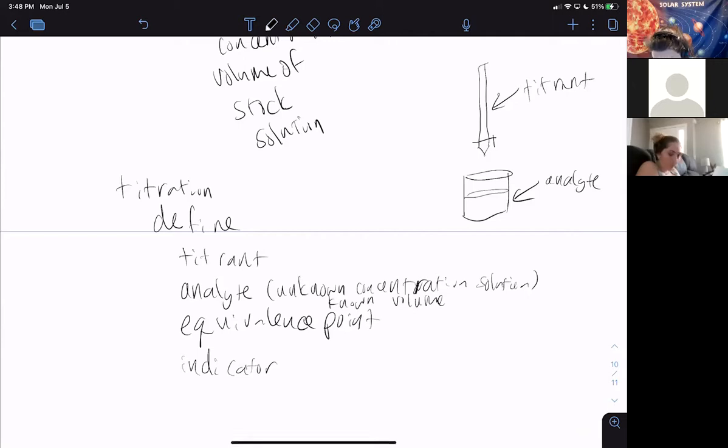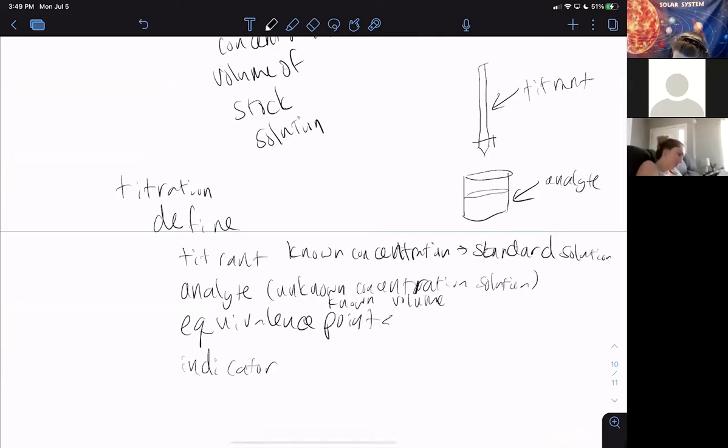So our titrant, that has a known concentration. It's also called the standard solution. And we add in titrant until we get to our equivalence point in order to determine the concentration of the analyte.